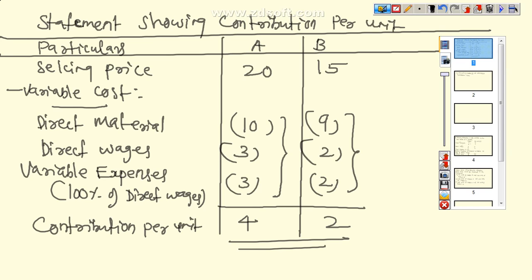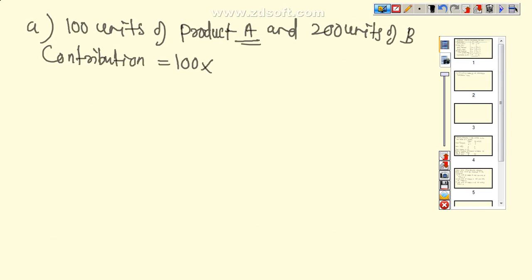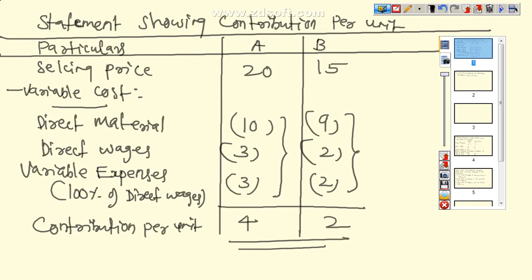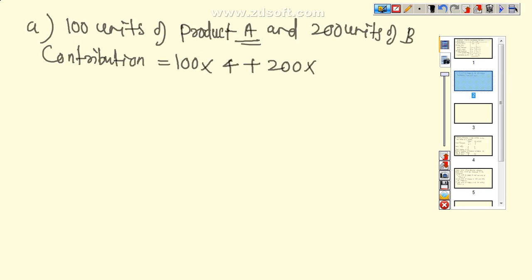Contribution per unit of product A is 4. So 100 into 4 plus 200 into contribution per unit of B is equal to 2, that is equal to 400 plus 400 is equal to 800. After contribution, we have to deduct fixed cost.